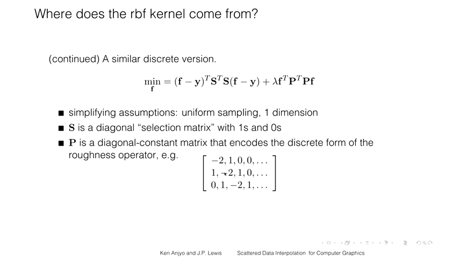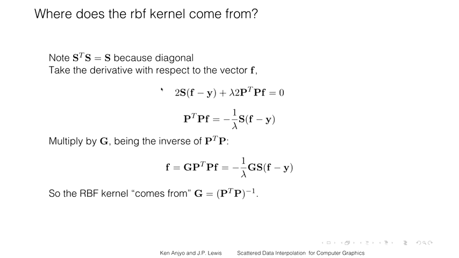Okay, so now all we do is take this expression. We want to minimize it, so we're going to take the derivative with respect to f. And now it happens that if we're setting it up as diagonal, S transpose S is equal to S itself. Take the derivative, we get this thing.